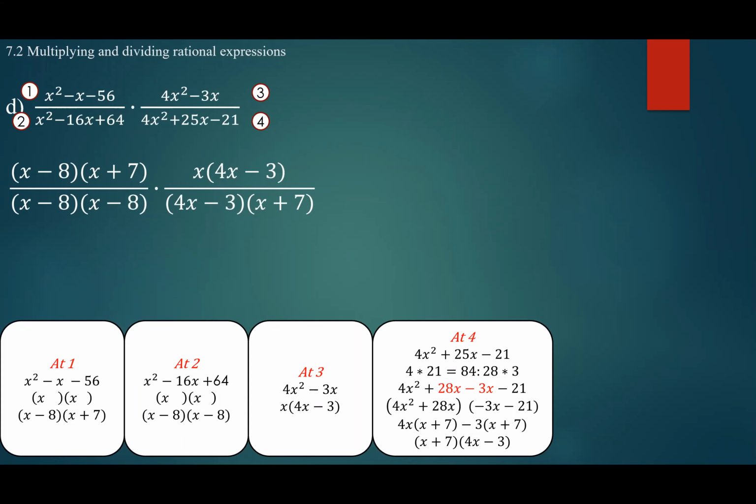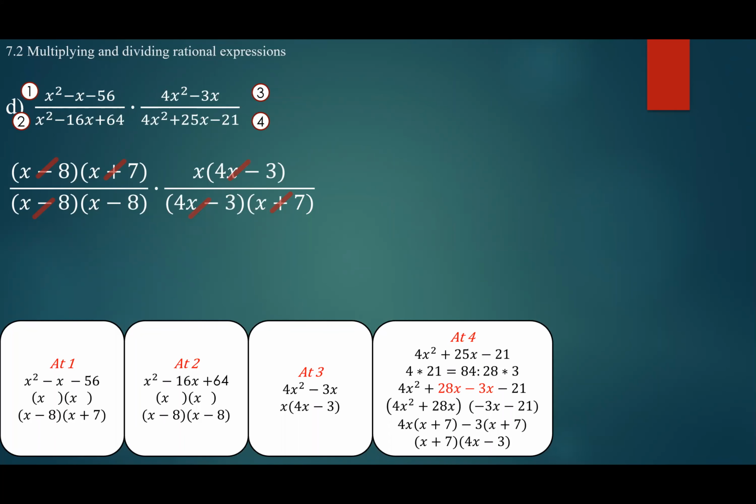Now, what do we do? Well, all we need to do is ask, what do we have in common? We have x minus 8 on top and x minus 8 on the bottom. One of them, so I can only cancel out one of them. X plus 7, 4x minus 3, 4x minus 3.